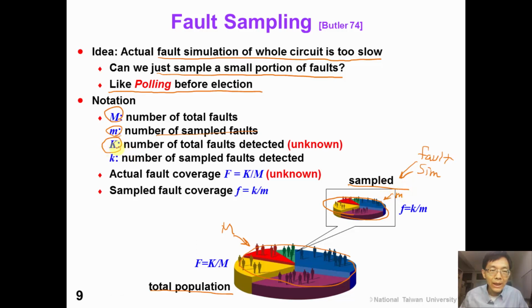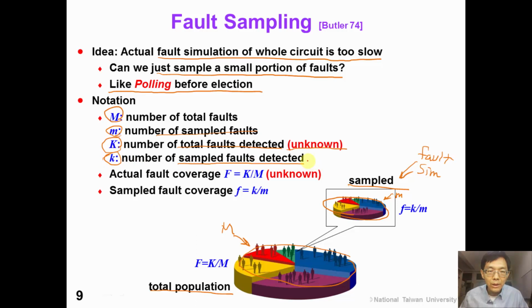Suppose that big K represents the number of total faults that are detected by the test pattern. Please note that this is an unknown number, because we don't know exactly how many faults are detected in the total population. And the small k represents the number of sampled faults detected.